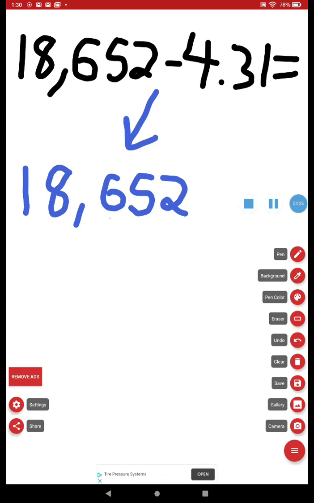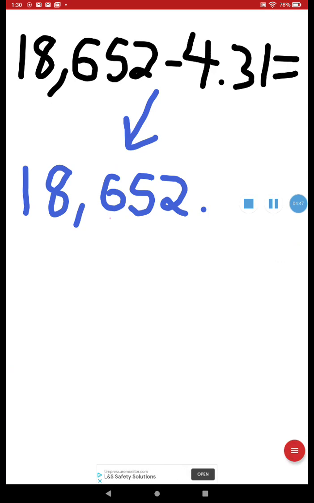Very good. The decimal point goes right here after the 2. Now that I see that, I can go ahead and line up on the decimal point. Put my decimal point down here, write my 4 and 31 hundredths.